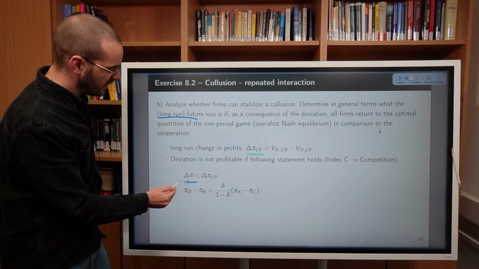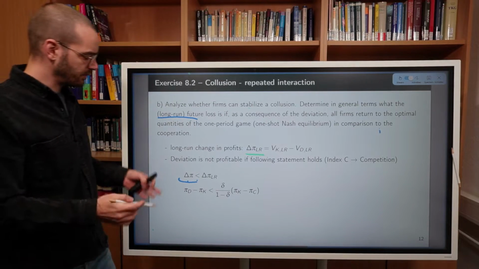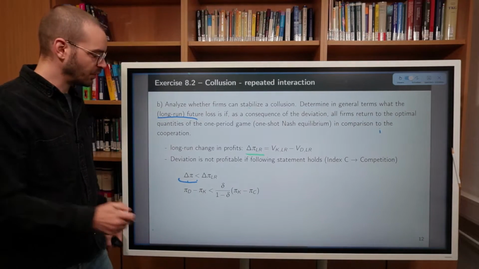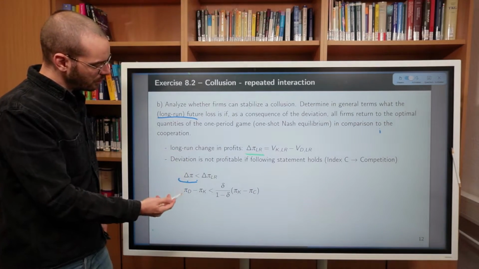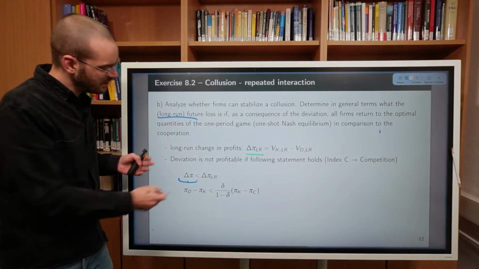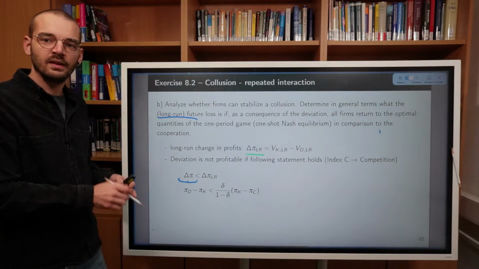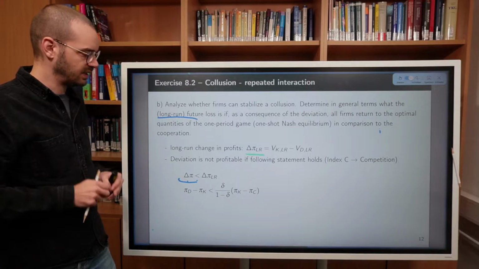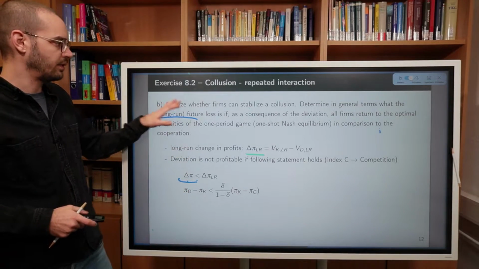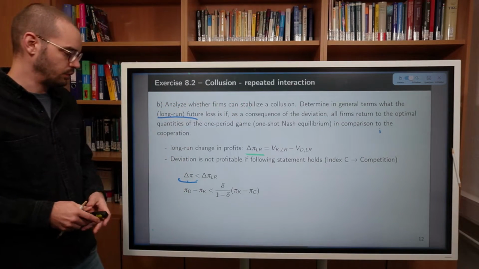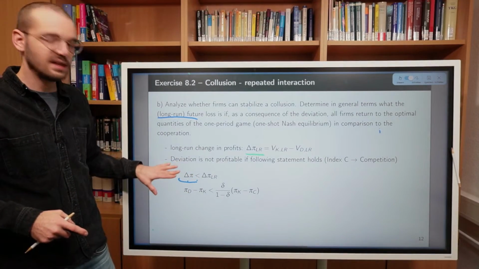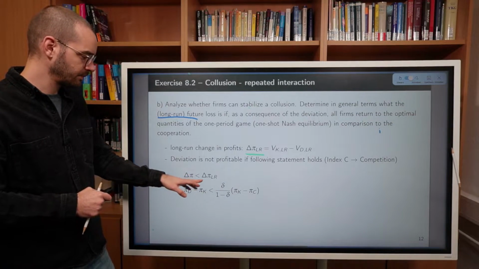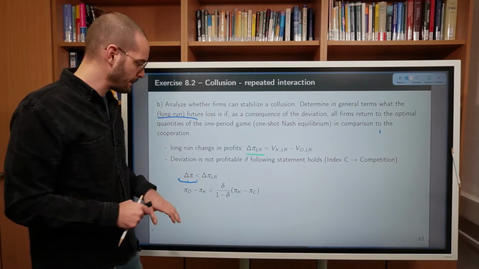So we have a change in profits as we defined it under A, which of course means the change in short-run profits or the short-run incentive to deviate on the one hand side. And then we want to find the conditions under which this incentive is smaller than the long-run punishment of deviating and not sticking to collusion, because of course we are asking whether or not firms can stabilize collusion. So we want to find the conditions under which the incentive to deviate is smaller than the long run change in profits.